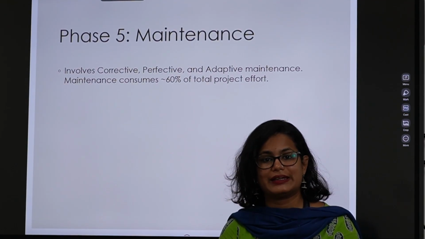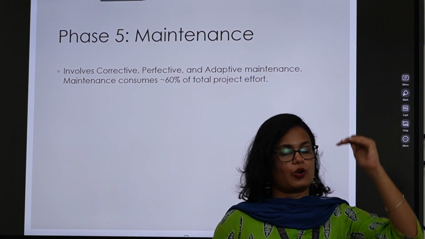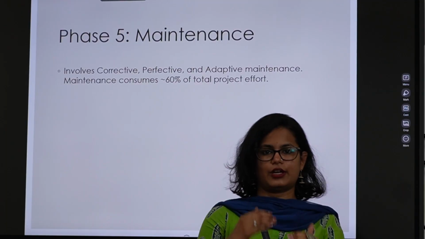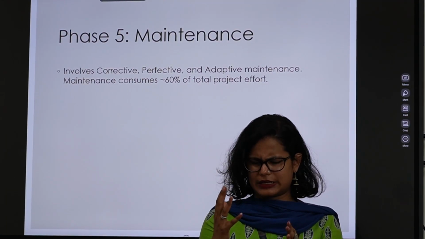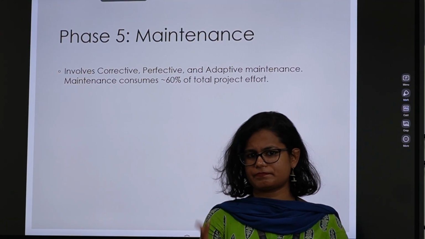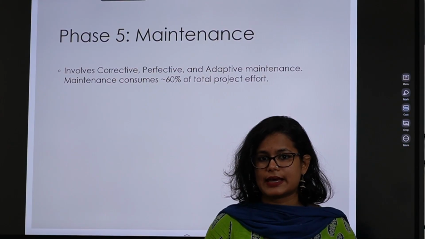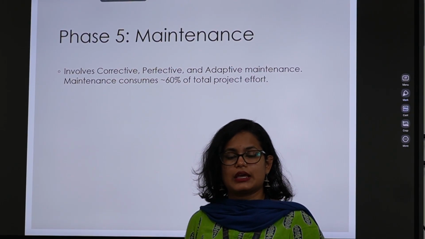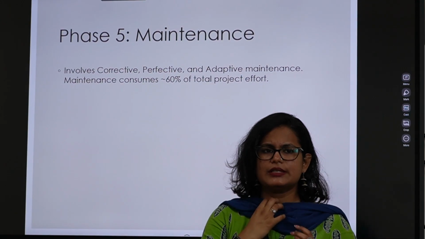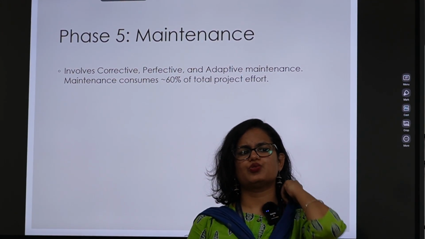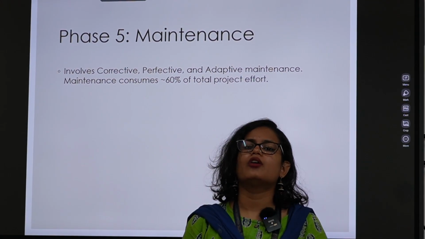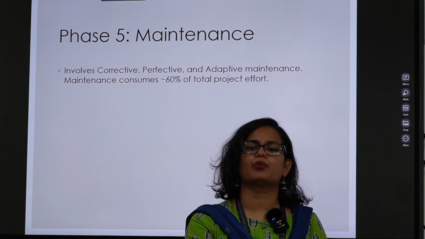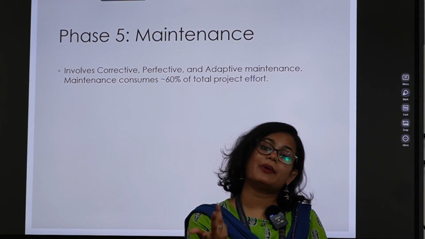Whenever we talk about maintenance, it means that a project is already completed and you're just going to maintain. Now what does maintenance mean? Three different types of maintenance happen. First, corrective maintenance. When you talk about corrective maintenance, it means that when you are working on that particular project, you have deployed it, maybe there are some errors.